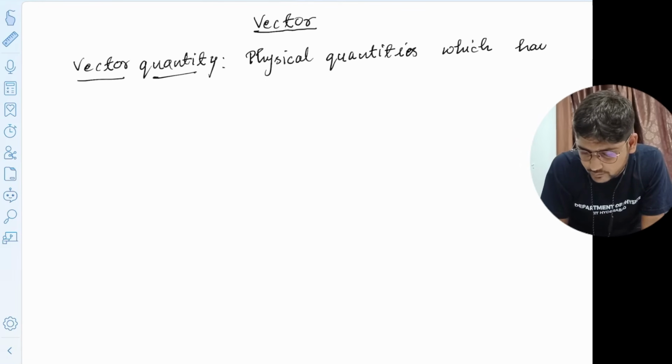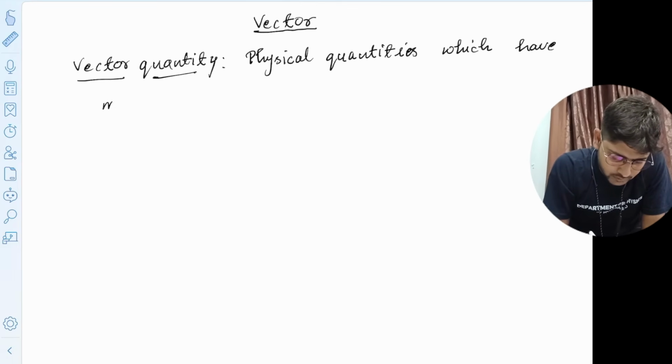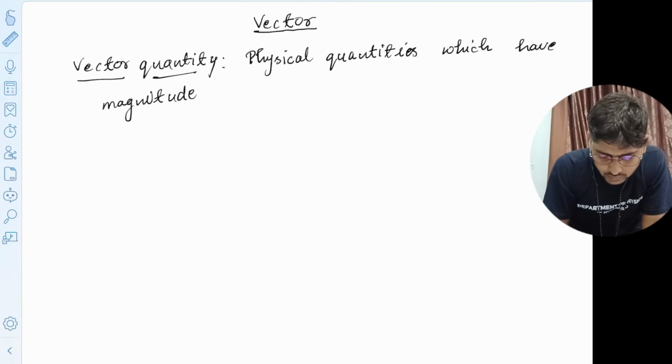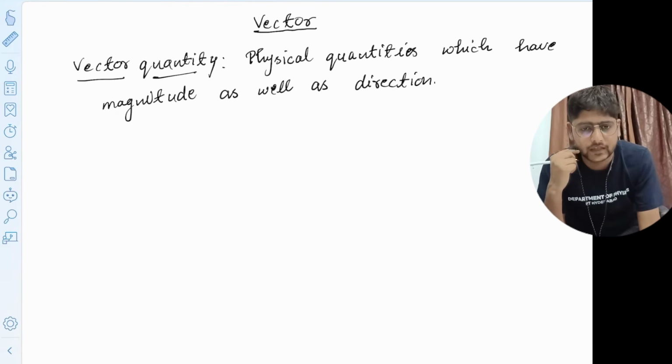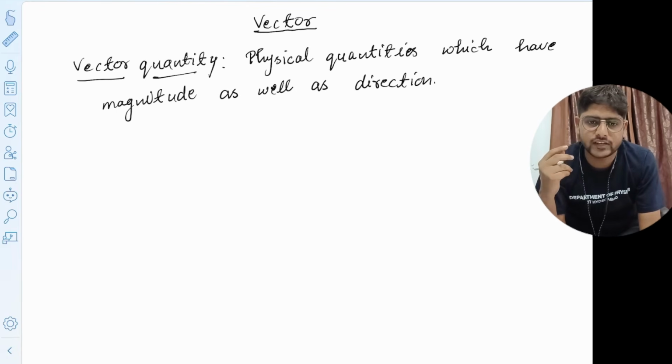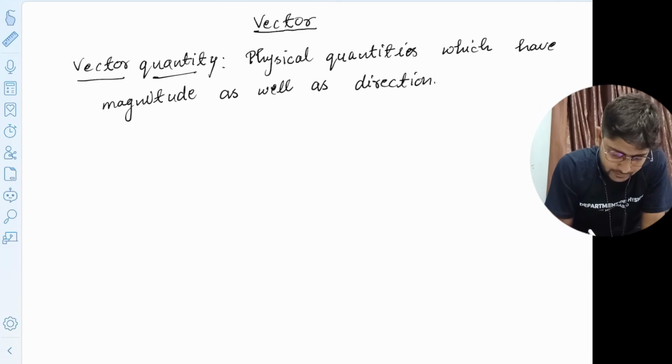Physical quantities which have magnitude as well as direction. Physical quantities which have magnitude as well as direction are called vector quantities. Okay, example.